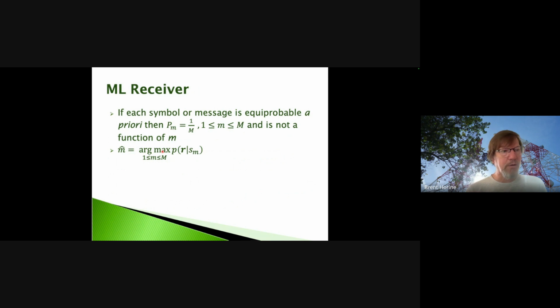Just like we dropped off the probability of R, now we're dropping off the probability of M. But we can only do that if we know a priori, we know in advance, that the symbols are all equal probable, right? So we call this a maximum likelihood receiver.